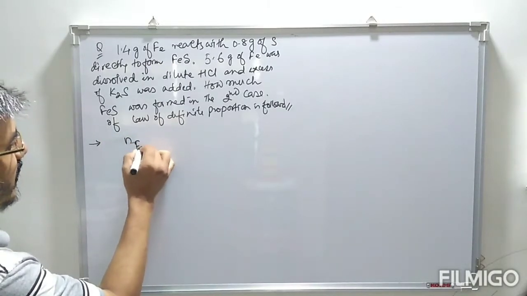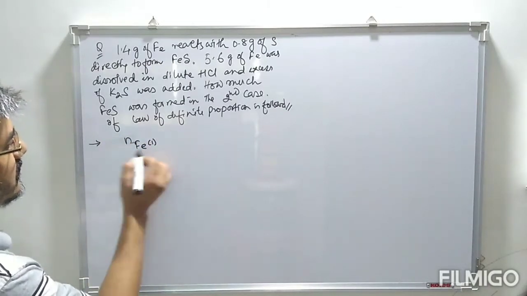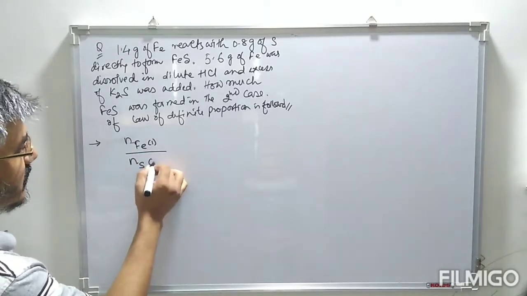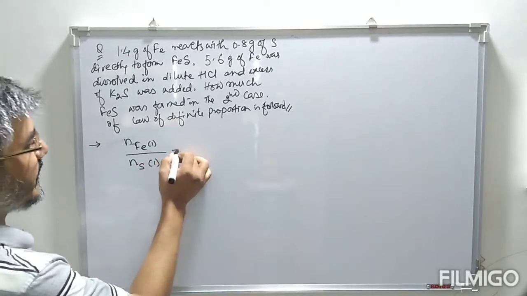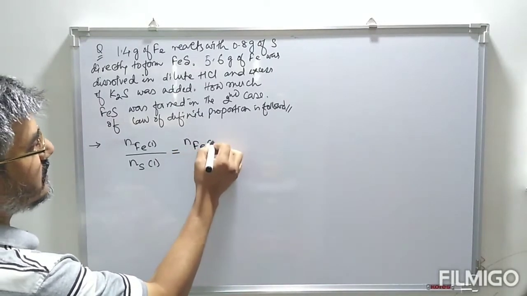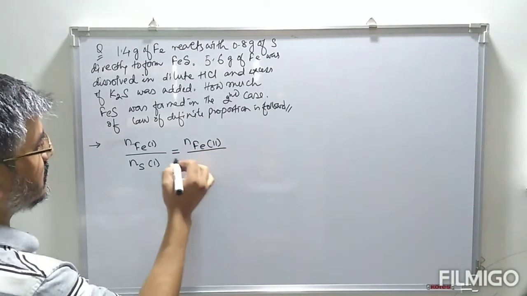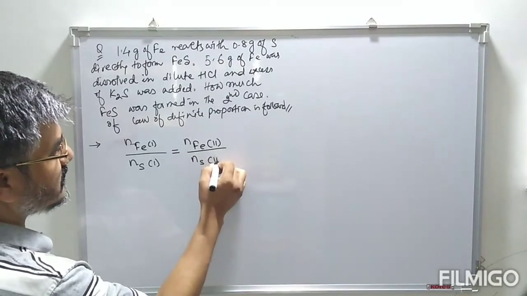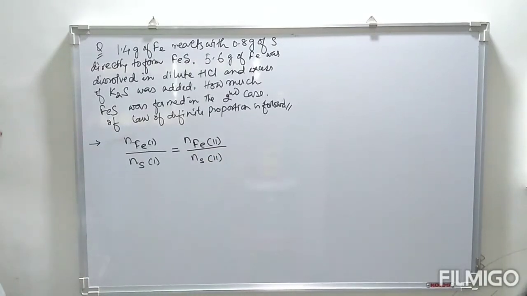The number of moles of iron in the first case divided by the number of moles of sulfur in the first case should be exactly identical to the number of moles of iron in the second case divided by the number of moles of sulfur in the second case. So the mole ratio should be completely followed.